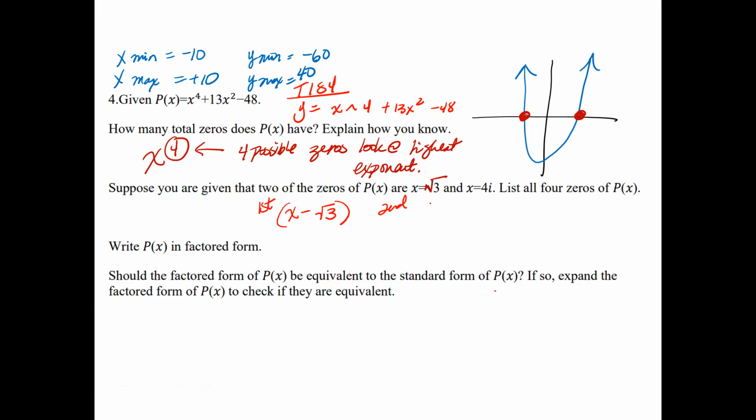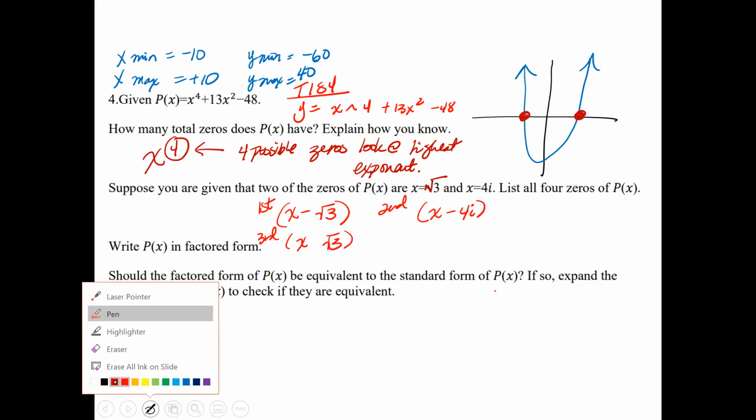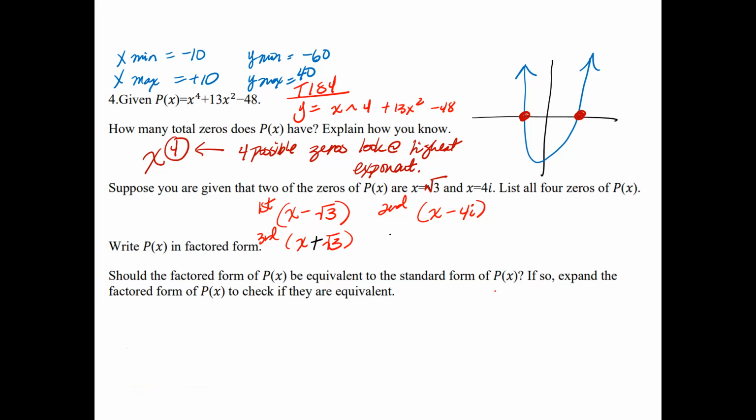Your second is going to be x minus 4i, because I have to put it back into that parenthesis. And then your third one is going to be the opposite of that. So rather than having a minus, it's going to be a plus square root of 3. And your fourth one, you probably guessed it, is going to be x plus 4i.